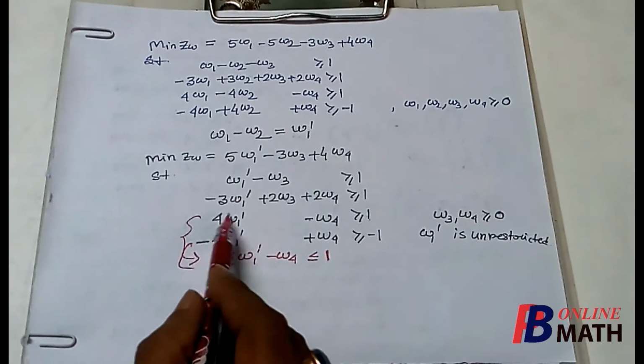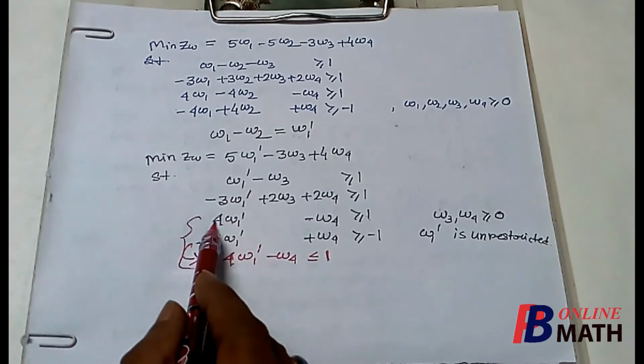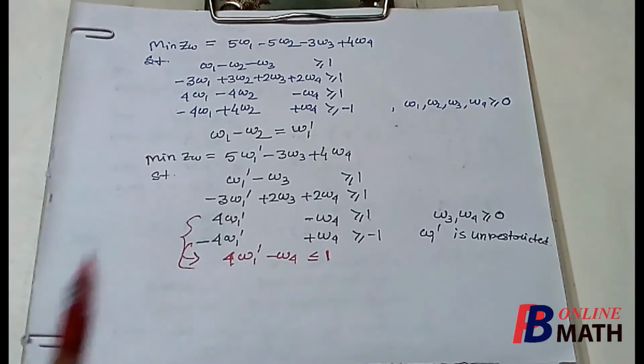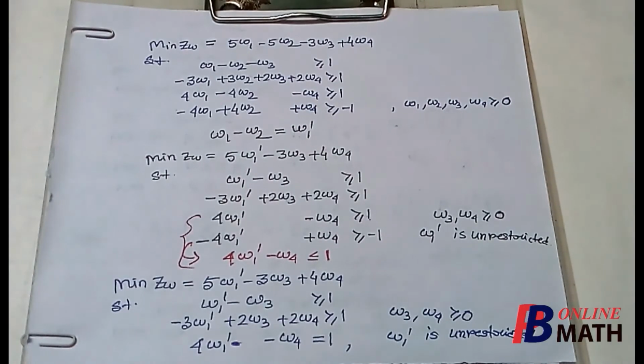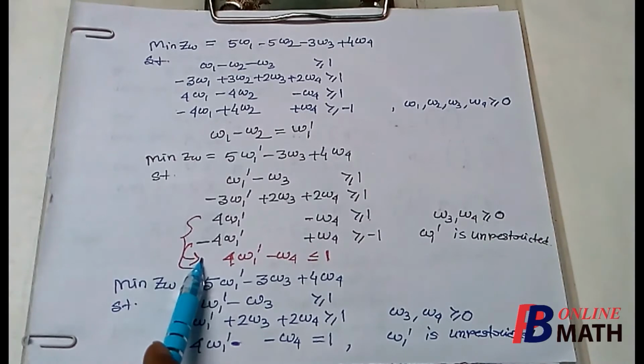So combining these two, we can write that the only conclusion is that 4 omega 1 dash minus omega 4 will be equal to 1. So if we combine the third and fourth constraint, then this becomes an equation.